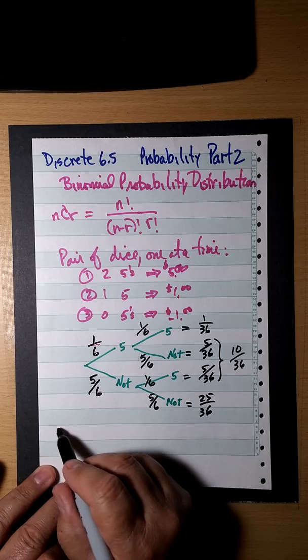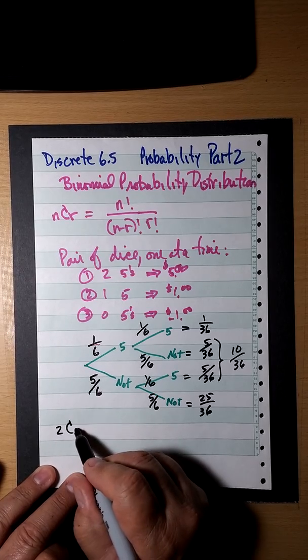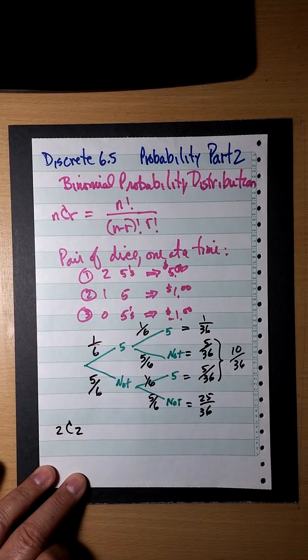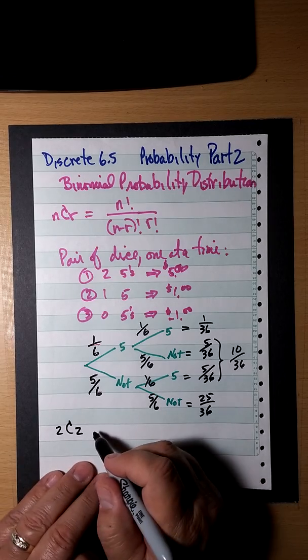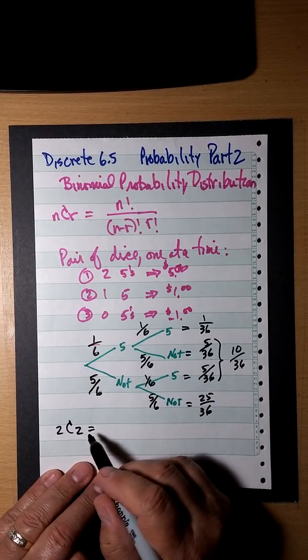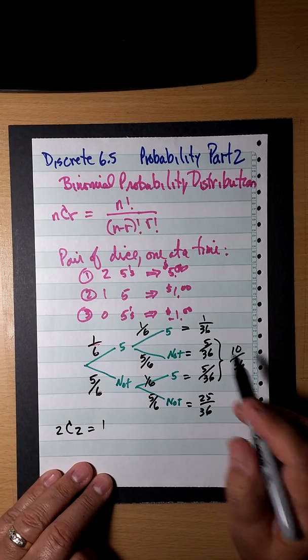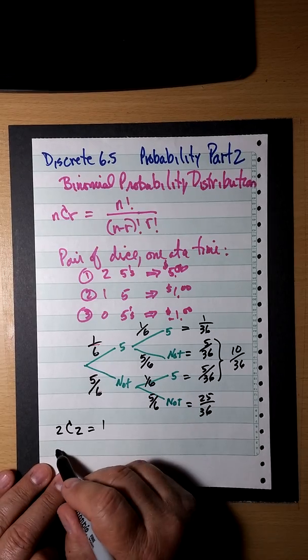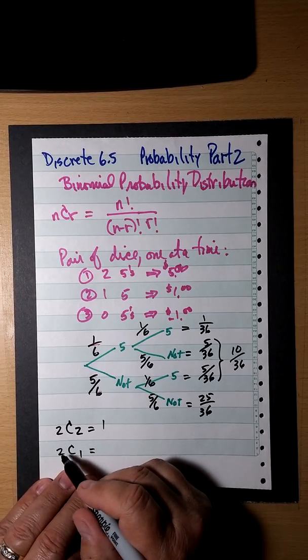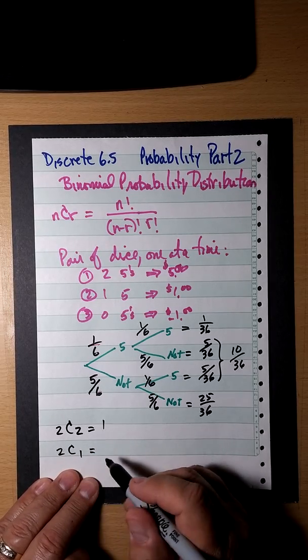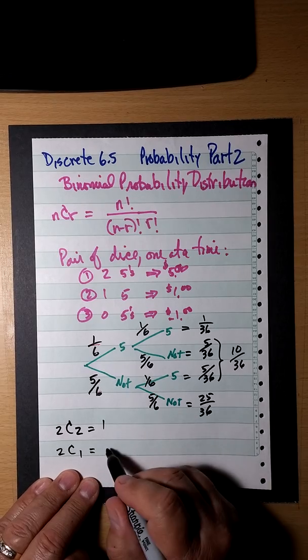If you have 2 dice and you want to get 2 5s, that's what you call your, I guess, your winnings. Then if you put that in, you'll get a 1. There's one way to do that. If you have 2 dice, taken one at a time, and you get 1 5 out of it, you get a 2.